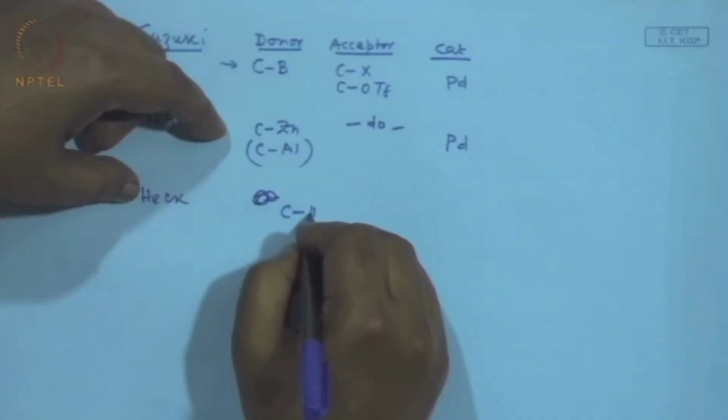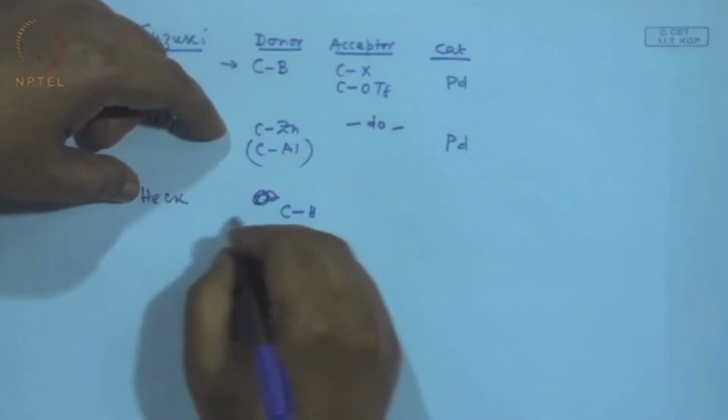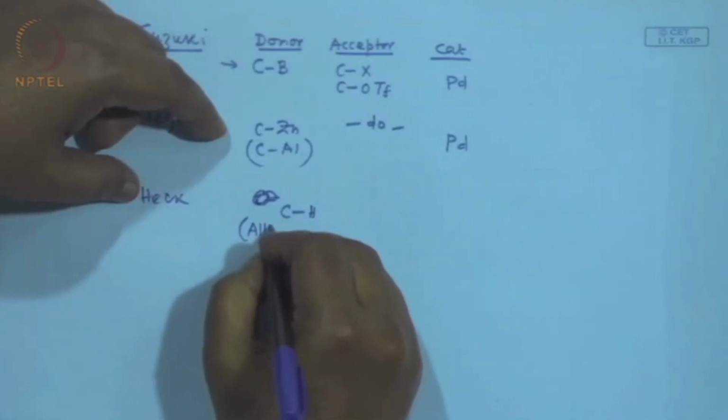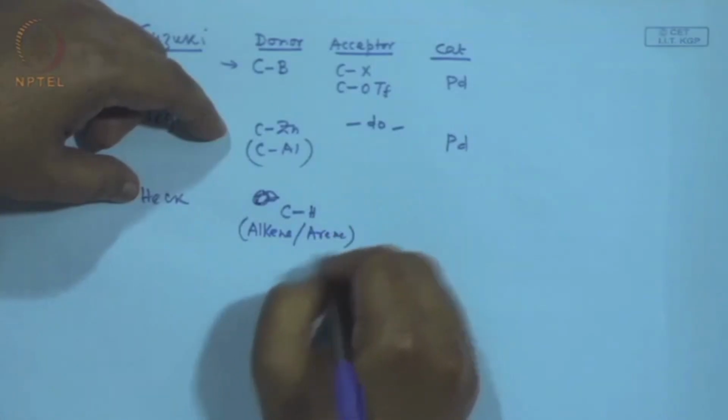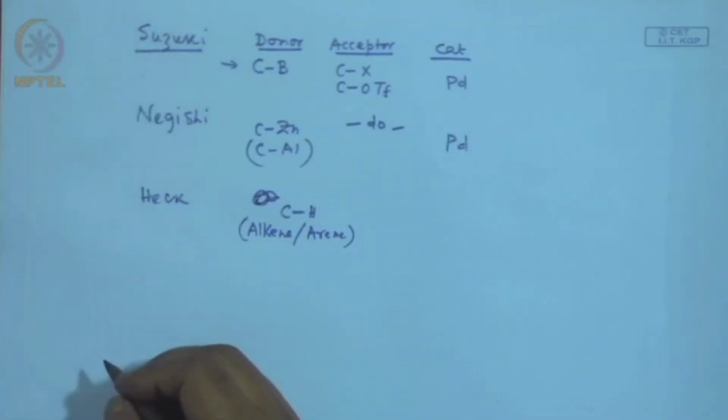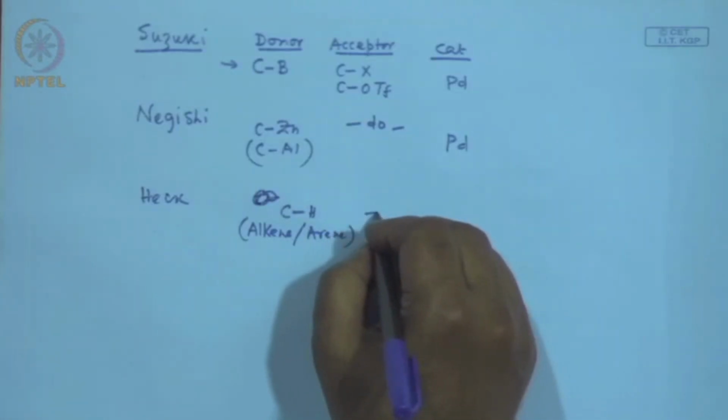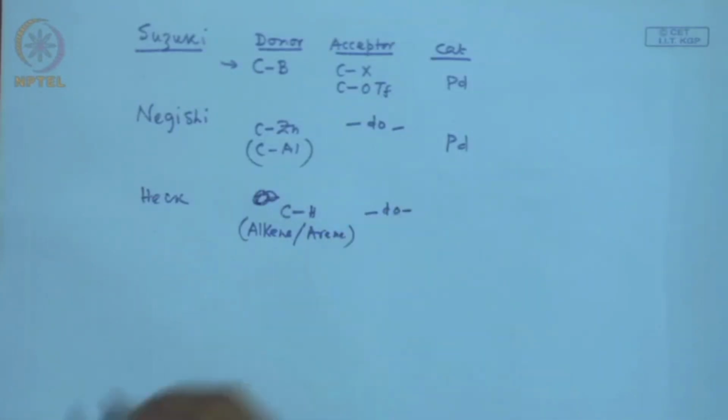In Heck reaction, carbon hydrogen, sp2 carbon hydrogen, alkene. So, that means carbon hydrogen of alkene or even arenes. Simple benzene also would do the reactions. Okay. And acceptor again same thing.